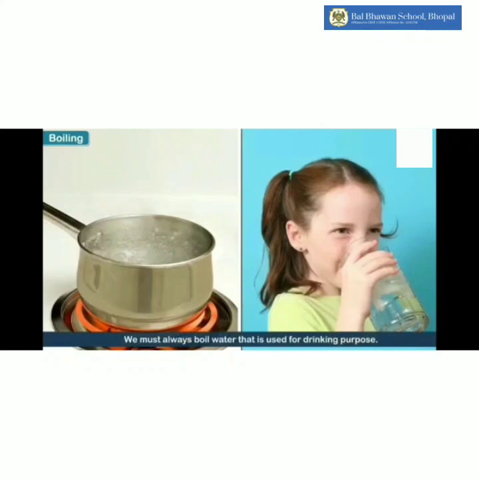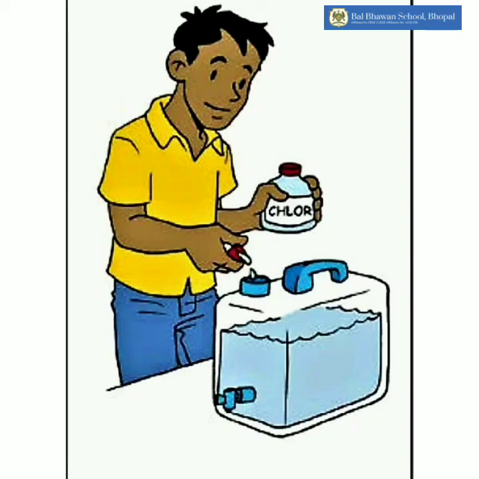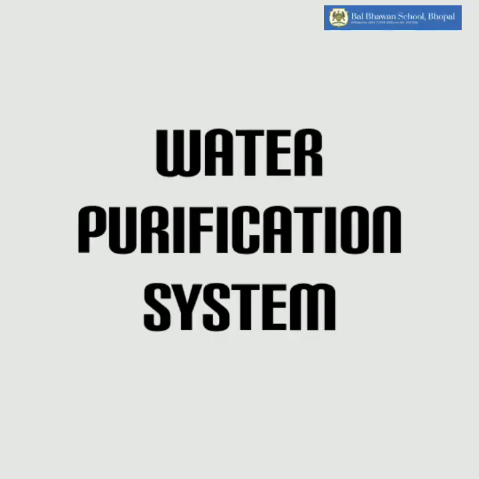We must always boil water that is used for drinking purposes, and it should be stored in clean and covered pans and pots. Now, another method to purify water is called chlorination. Chlorine tablets are added to water to kill the germs and make the water fit for drinking.